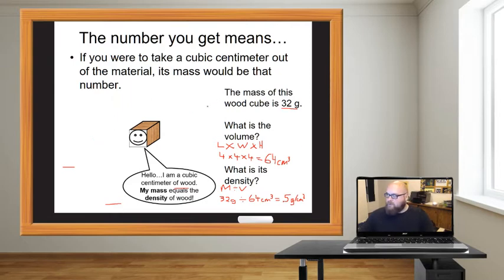So, what that's saying, since there is this answer here, 0.5 grams per centimeter cubed, if we took a single cubic centimeter of that material, its mass is going to be 0.5. That's what the answer in density tells us.